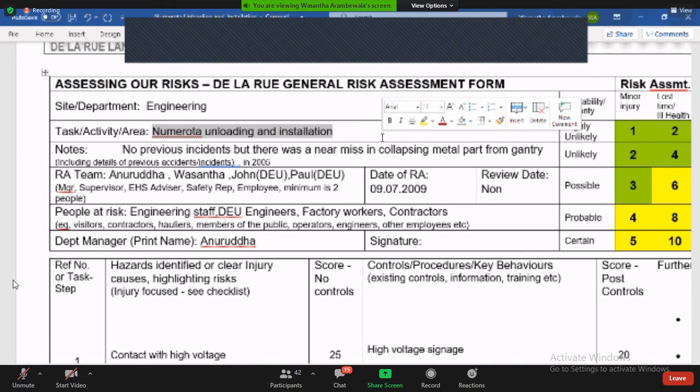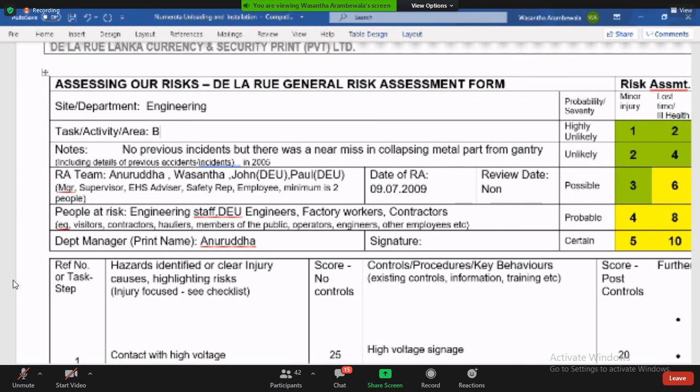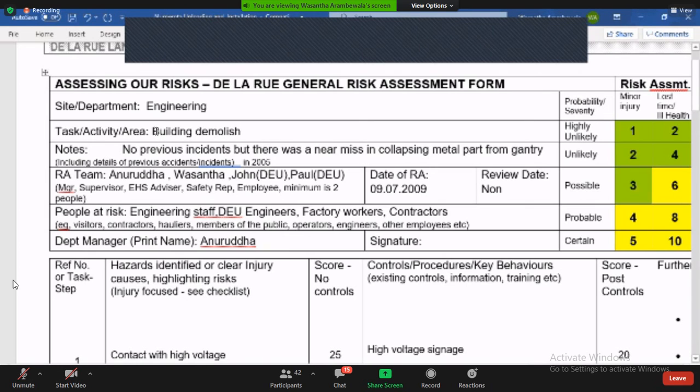What we can say, building demolition, right? Then there will be activity, for example, working at height.